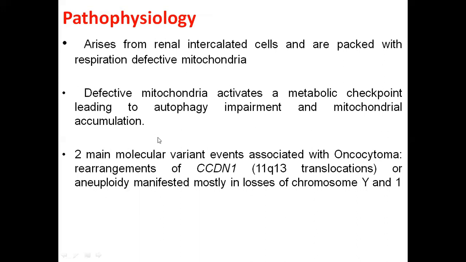There are multiple molecular variants which can give rise to oncocytomas, but two are most significant. The first is a rearrangement of the CCND1 gene, which is located on the short arm of chromosome 11.